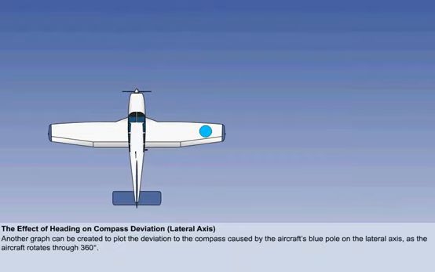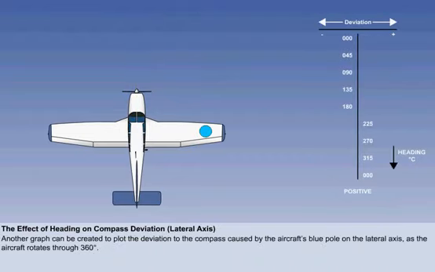Let's suppose we now locate the blue pole on the lateral axis of the aircraft, out on the right wing, and repeat the turn through 360 degrees. There is a maximum easterly deviation, with the aircraft heading north, as we can see.